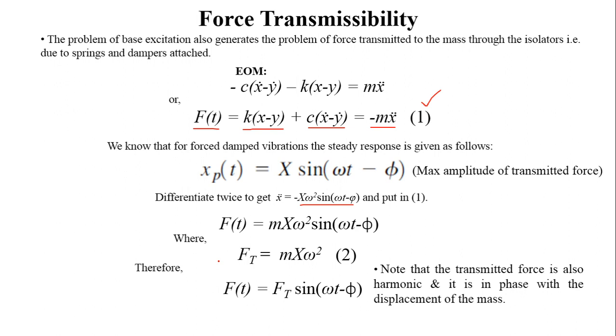And here Ft is the magnitude of the transmitted force, and you can see that the form of this expression, Ft sine omega t minus phi, is exactly in phase with the displacement response, the amplitude of vibration of the inertia element.